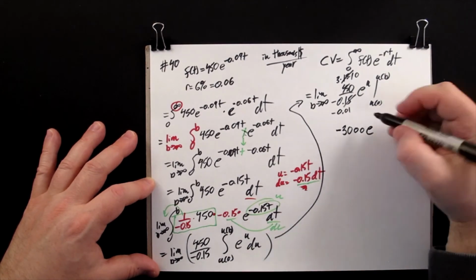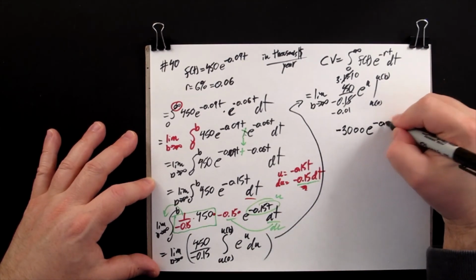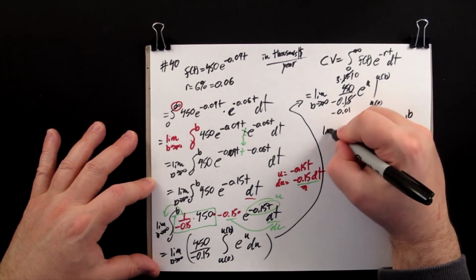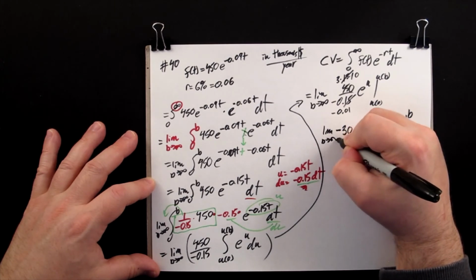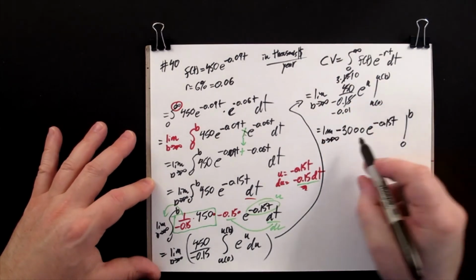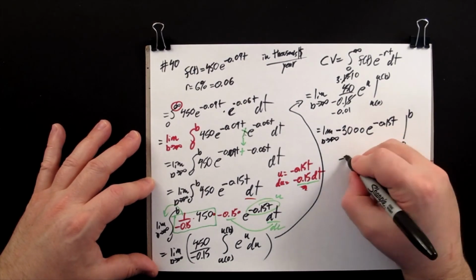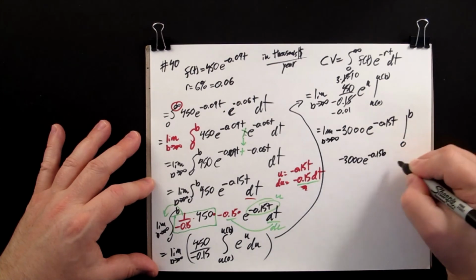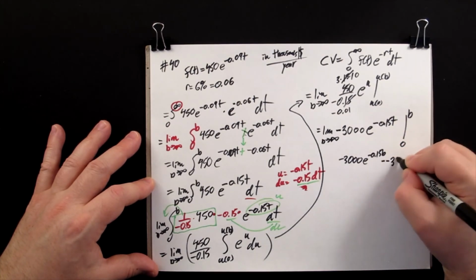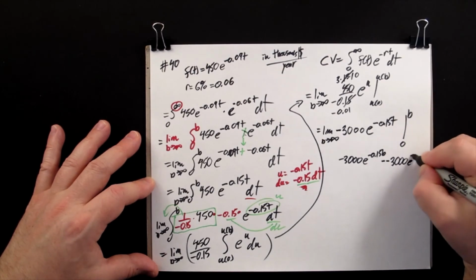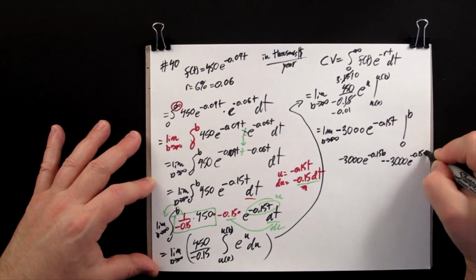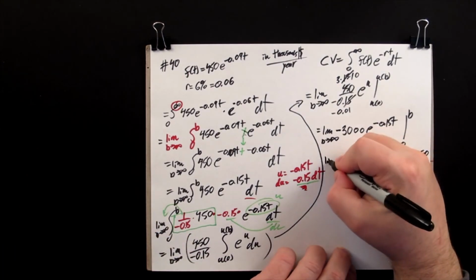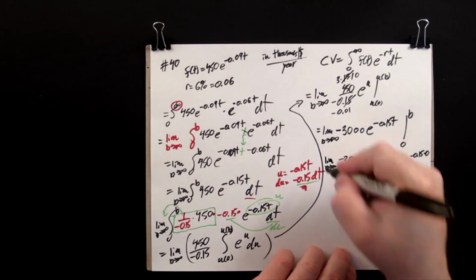We're going to put e back into our t variable now. So now we're at the bounds 0 and b, and then as b goes to infinity. Plug in: minus 3,000 e to the negative 0.15 b, minus 3,000 e to the negative 0.15 times 0. We still have the limit here, which we're about to evaluate.